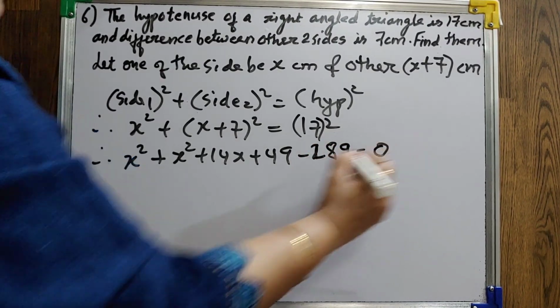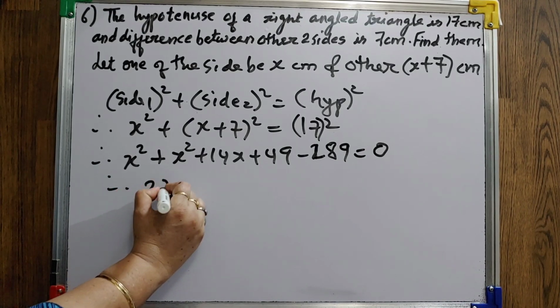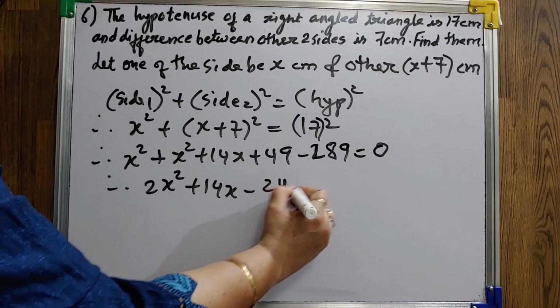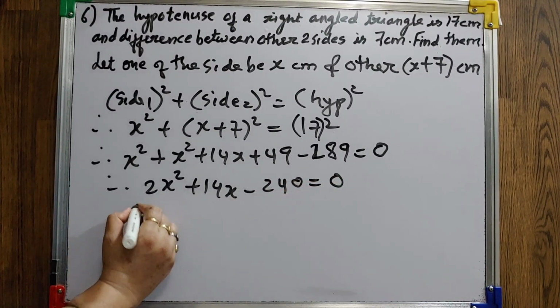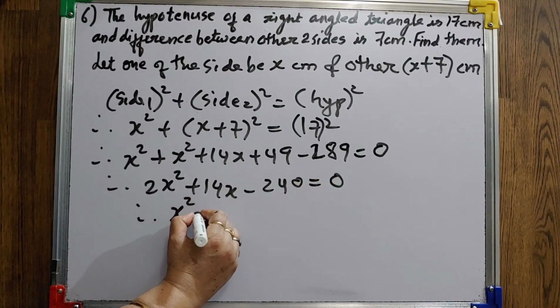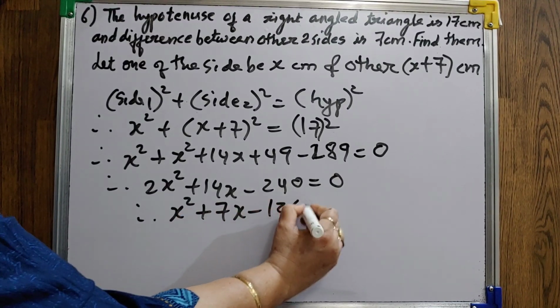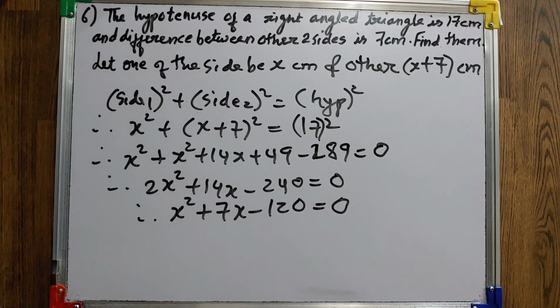Transfer this side. So it will be 2x square plus 14x minus 240. Reduce the equation. x square plus 7x minus 120 will be equals to 0.